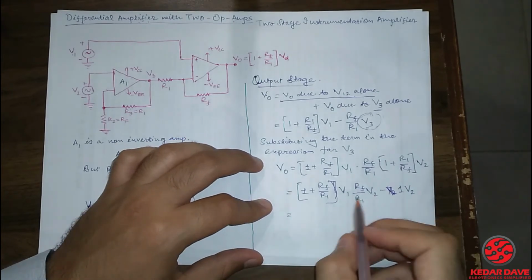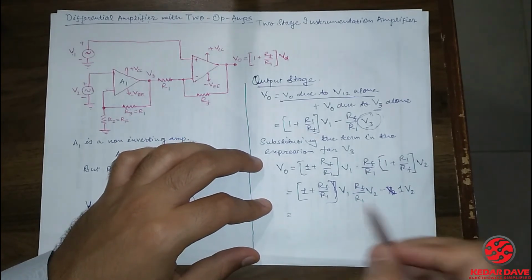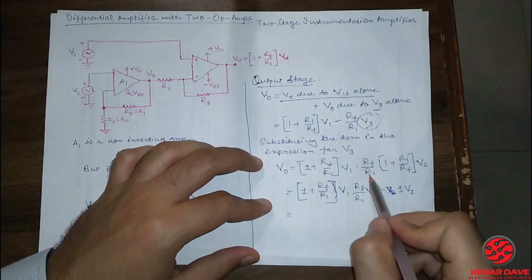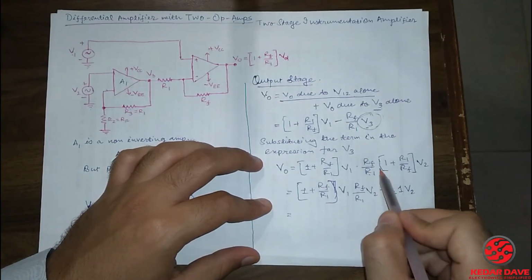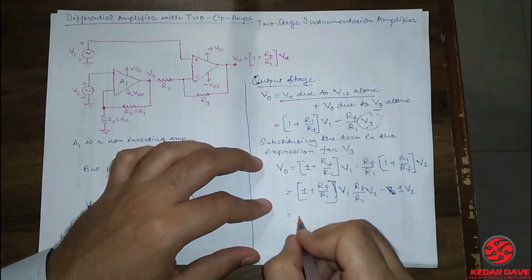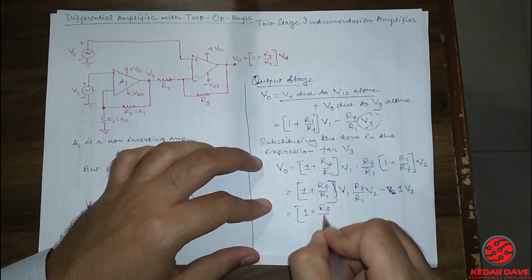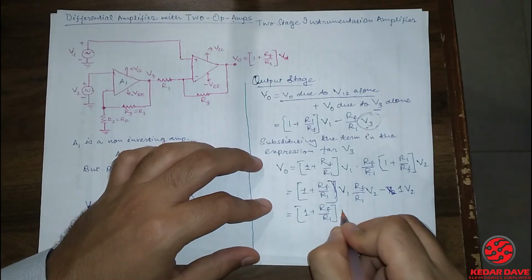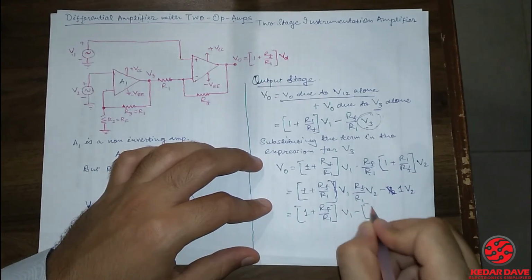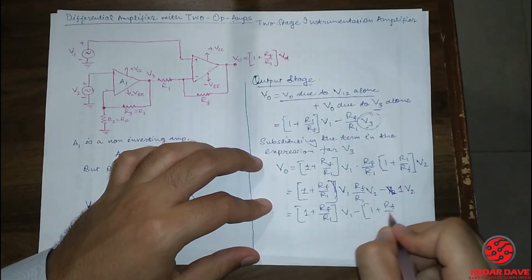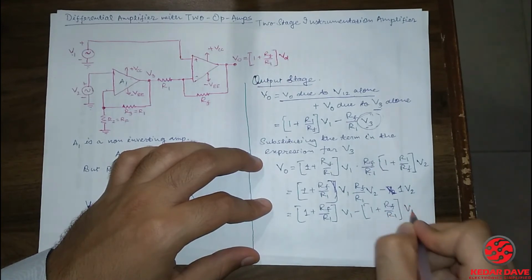We have applied this RF by R1 and multiplied with these terms. After further simplification, we get 1 plus RF upon R1 multiplied by V1 minus 1 plus RF upon R1 into V2.